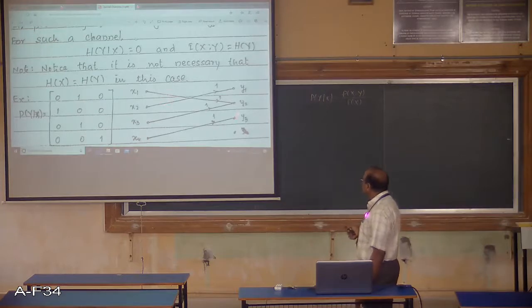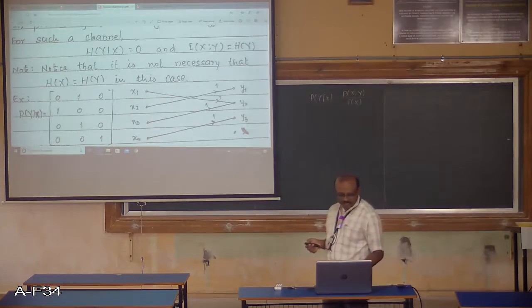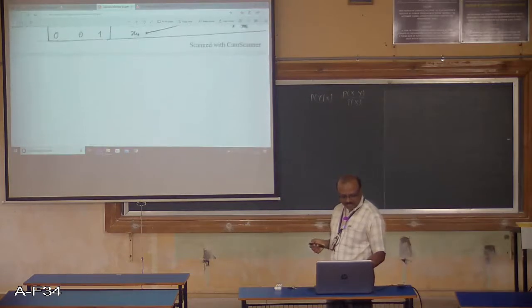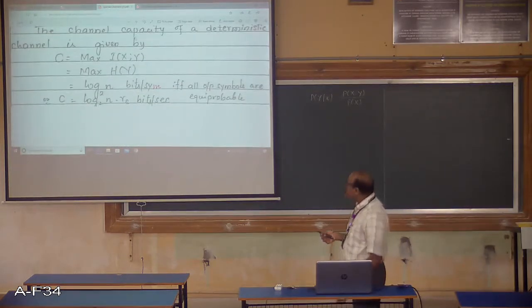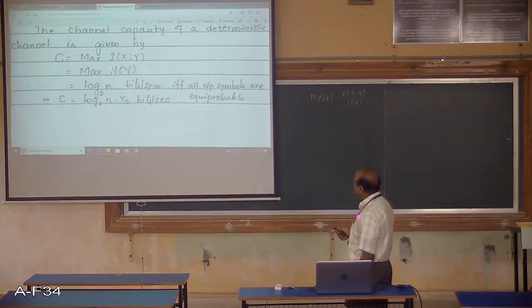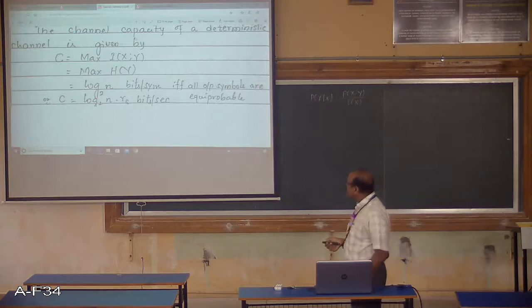And that is the corresponding channel diagram. For this, the channel capacity is the maximum of I of xy, which is the maximum of H of y, and H of y becomes maximum when the symbol probabilities are equal, given by log n to the base 2.